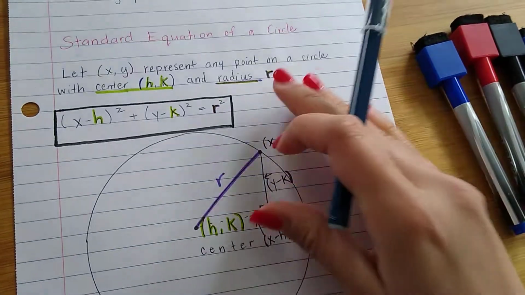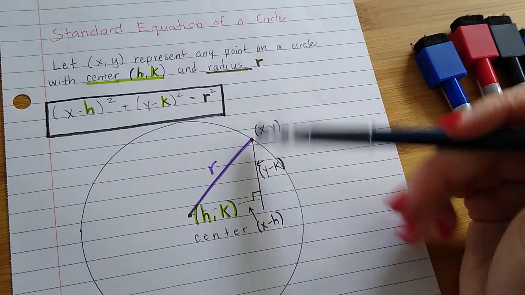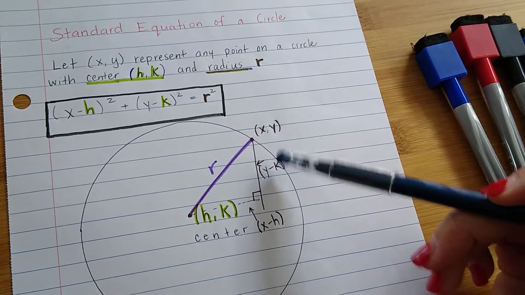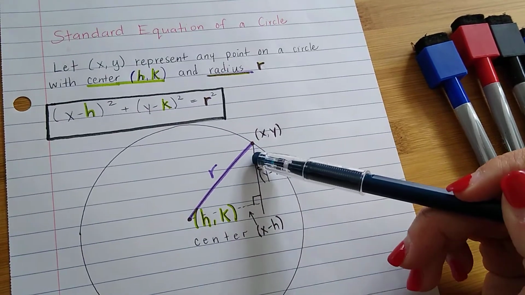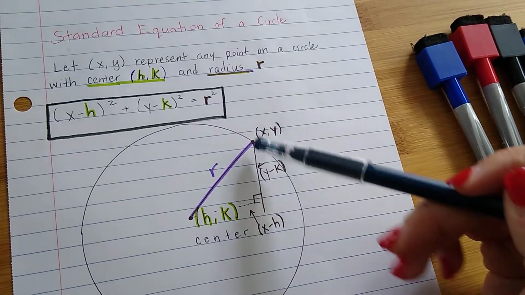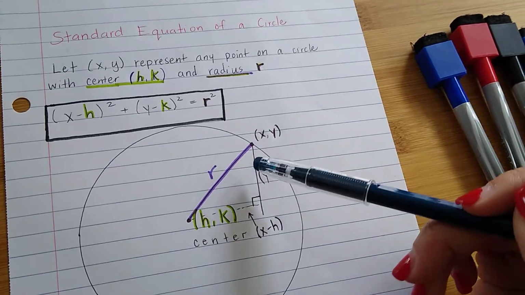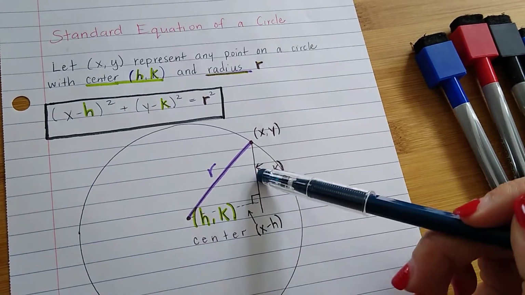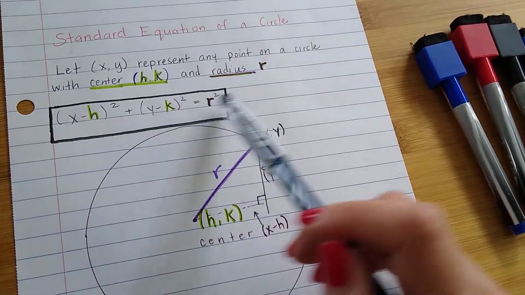Then the y part is vertical, on the vertical axis, and we label it as y minus k. So x minus h is the distance here, y minus k is the distance of this leg, and when we create an equation using this, we would write it as that.